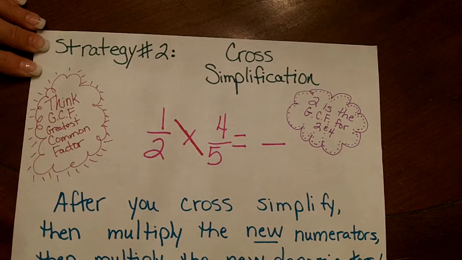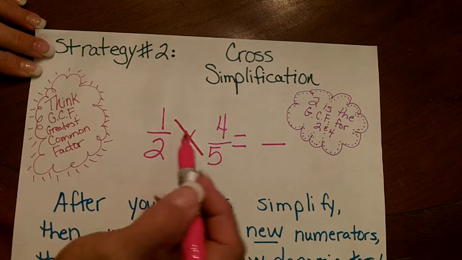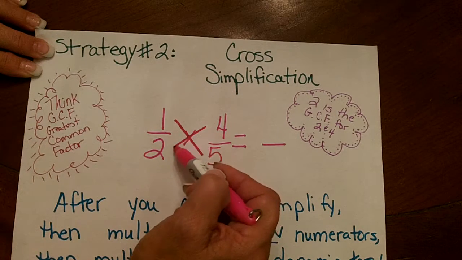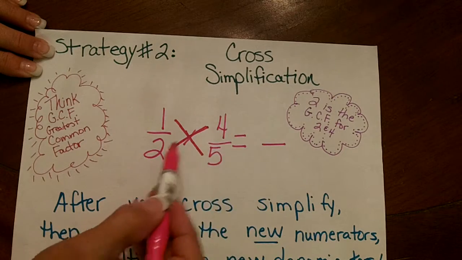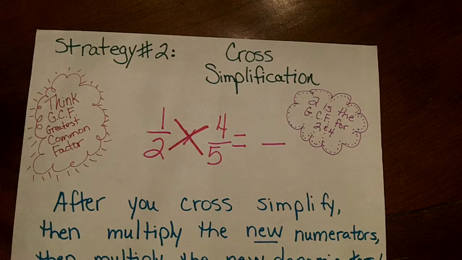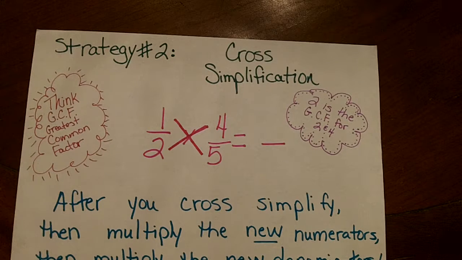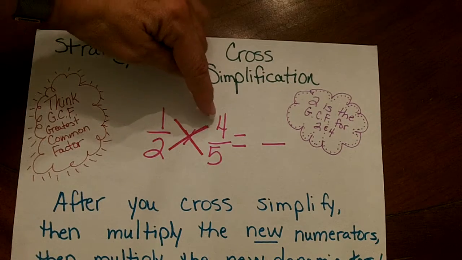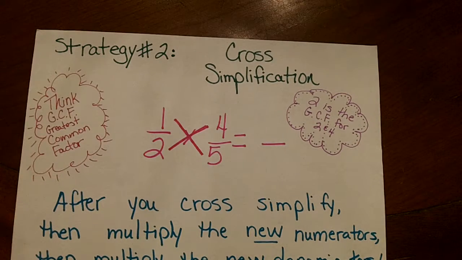And I can't do 1 and 5. So now I'm going to look at the other part of my multiplication fact here, and I'm looking at my 2 and my 4. Now, is there a number that I can divide into 2 and into 4?